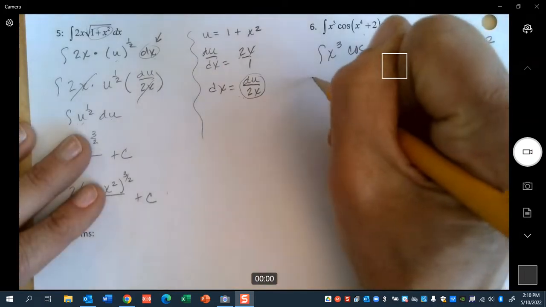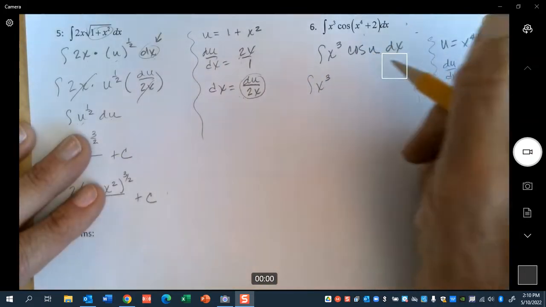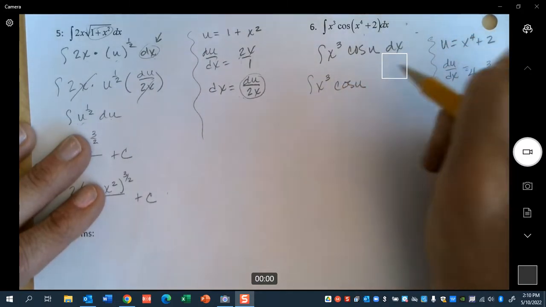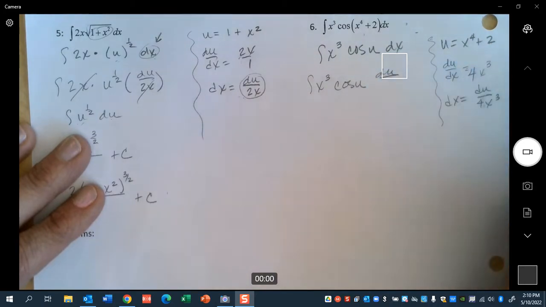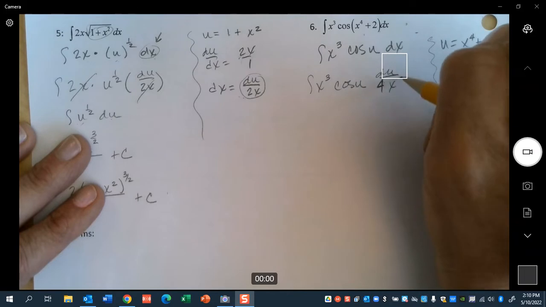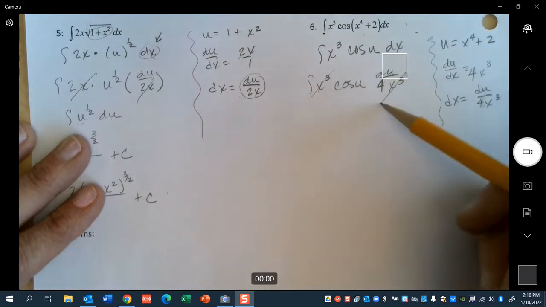All right, so I want the integral of x cubed cosine of u, and instead of dx, I'm going to write du over 4x cubed. See you later, Sally.